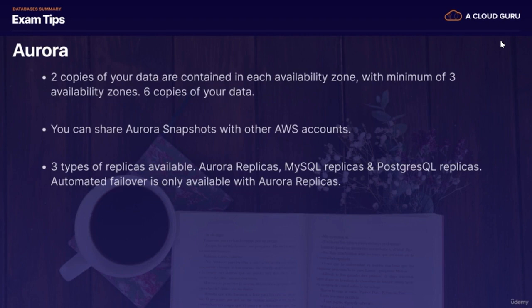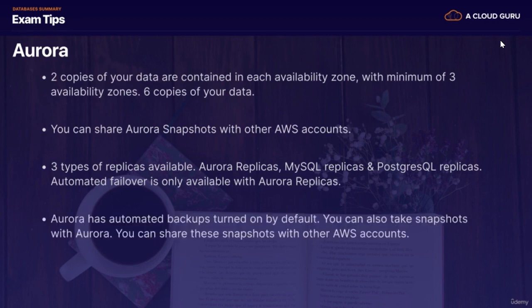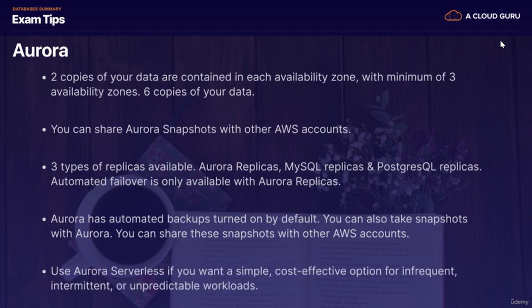You've got your Aurora replicas, your MySQL replicas, and your PostgreSQL replicas, and automated failover is only available with Aurora replicas. Remember that Aurora has automated backups turned on by default, and you can also take snapshots with Aurora, which is what I said earlier, and you can share these snapshots with other AWS accounts.